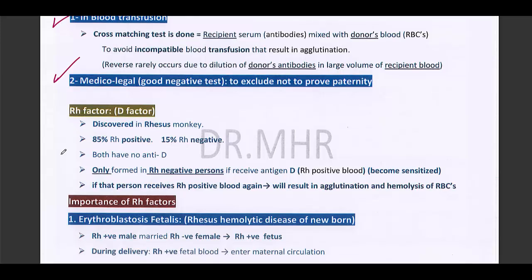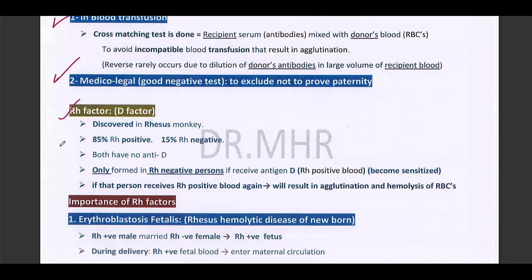Yes. Now let's move to the Rh factor, and you can call it the D factor. It was discovered in the rhesus monkey. Okay, 85% are Rh positive, 15% are Rh negative. Both have no anti-D. That's it.